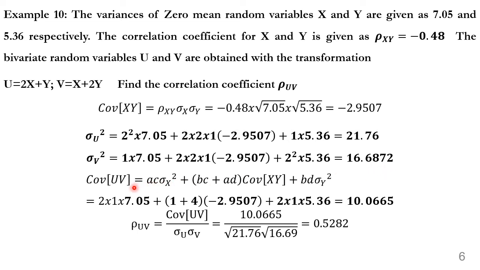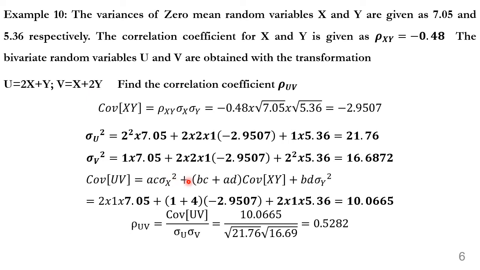16.6872. Then we can obtain the covariance of UV, given by AC sigma x square plus BC plus AD covariance of xy plus BD sigma y square. Here A is 2, C is 1, B is 1, D is 2.